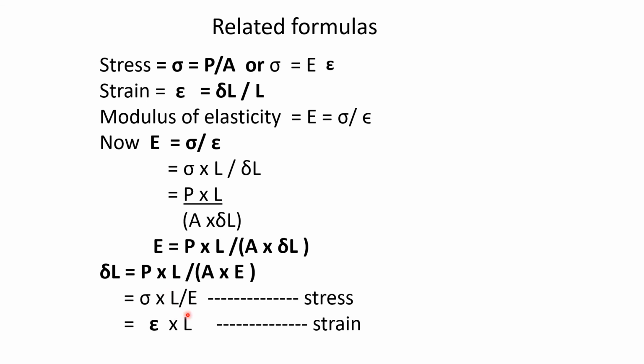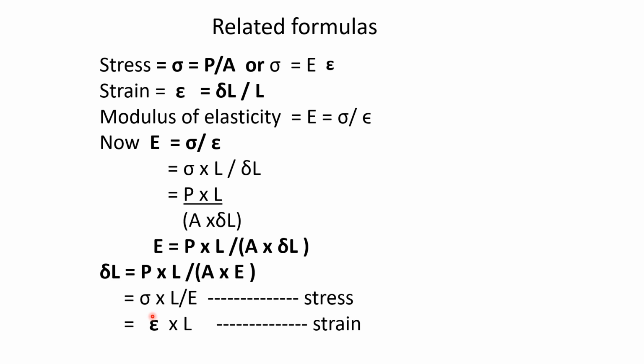If I know the strain, then sigma upon E is the strain. If I write strain is equal to, E comes here, so sigma upon E will give me strain.